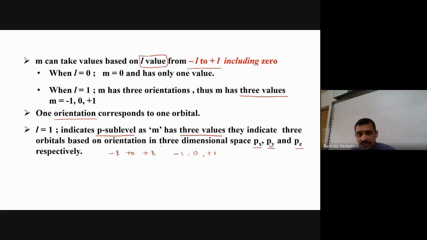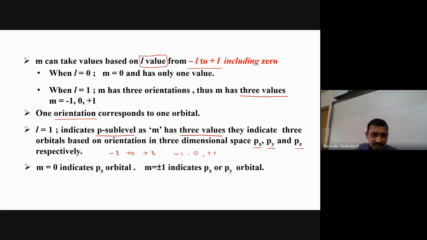Now for minus 1, 0, plus 1, where do we need to take it? Whenever m is equal to 0, that will always be z only. For plus 1 and minus 1, you can take x and y.